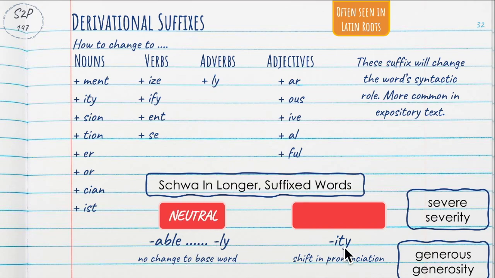If you have ity, you're going to have a shift in pronunciation, which then of course makes them non-neutral. So severe will turn into severity when we add ity. You have a shift in pronunciation. This is important to help kids see when they're working with these older student words that you're going to have a shift in pronunciation when you add certain suffixes, because again, your schwa gets moved around to where you accent it a little different.